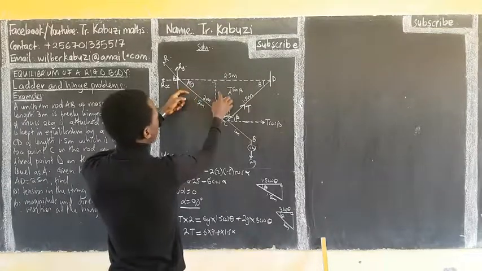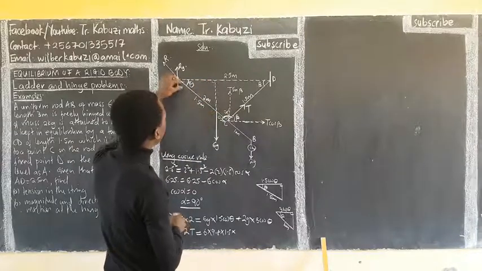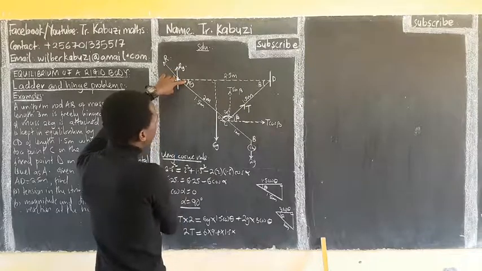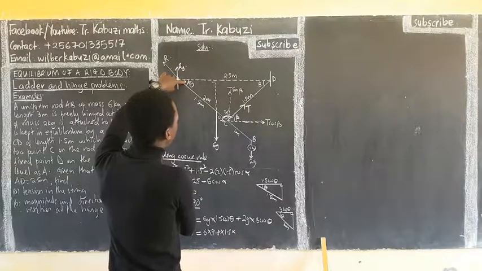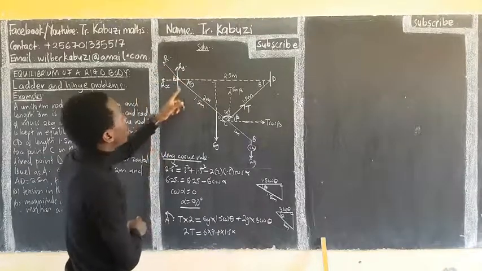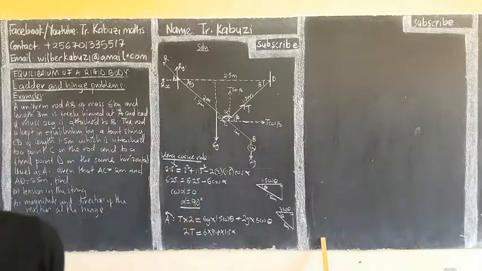Cos theta is given by adjacent over hypotenuse. I need the adjacent from here up to here. So let me show you a simple diagram there.